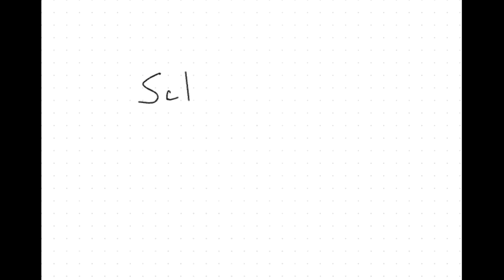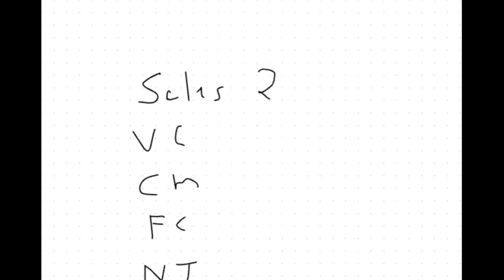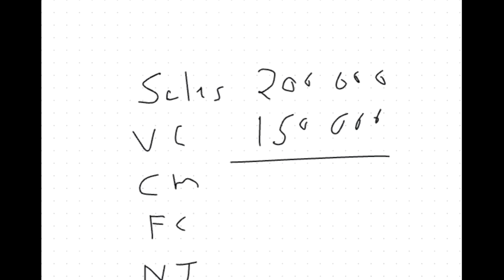And I'm trying to force you to use the Y formula. So let's see if I can make up some numbers. 200,000. And I'm just making up numbers. I don't know how it's going to work out. 150. Contribution margin 50.